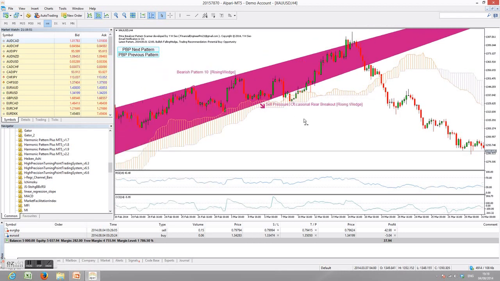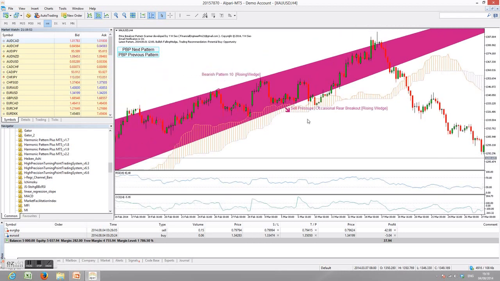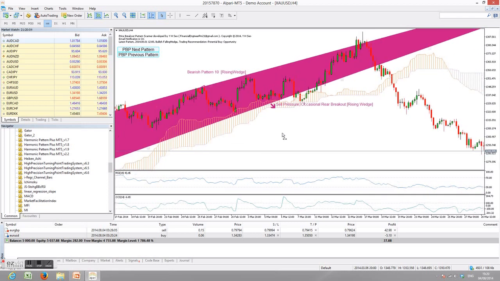So when you develop your own strategy, try to find the directional clue. What these patterns tell you, which direction the market will go, and this is very important to know.